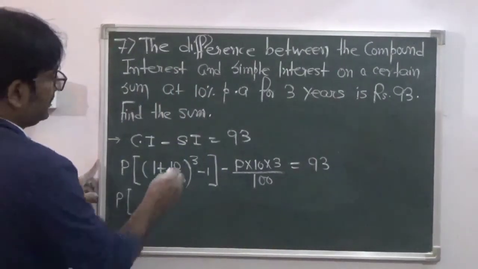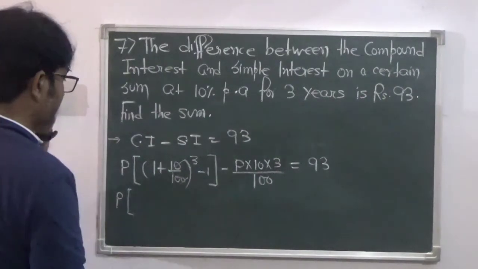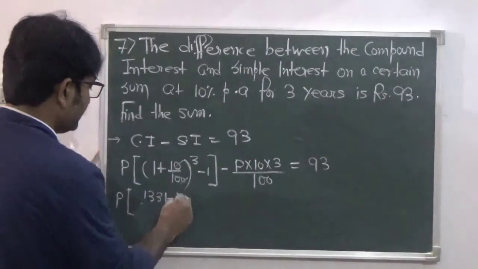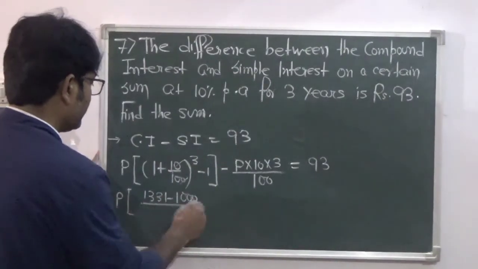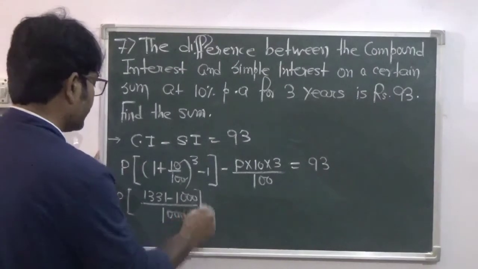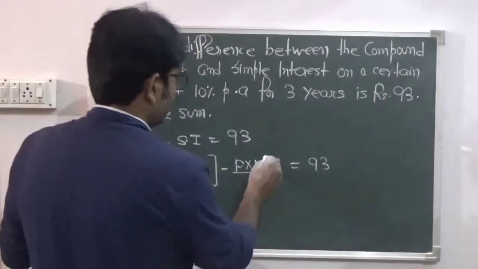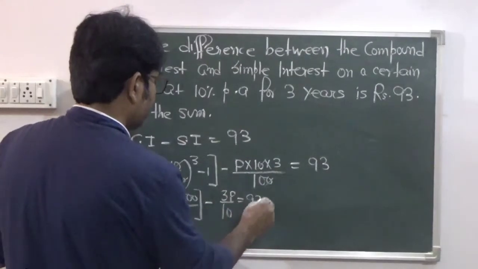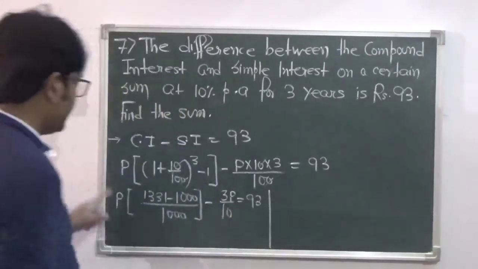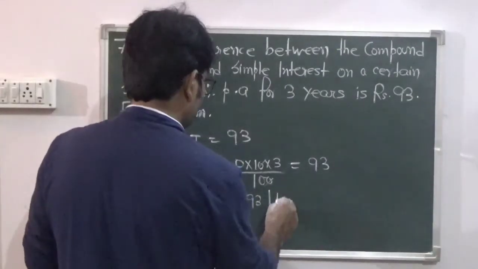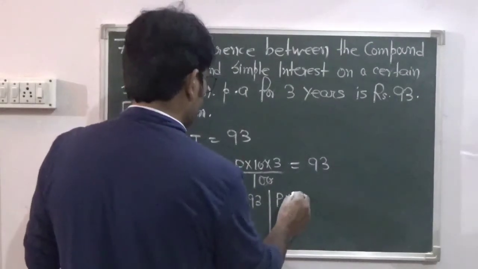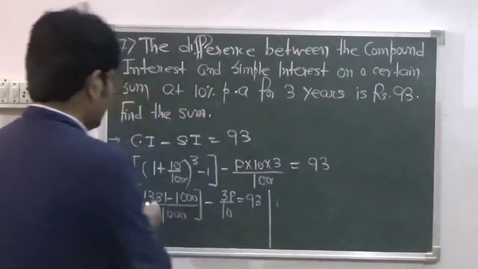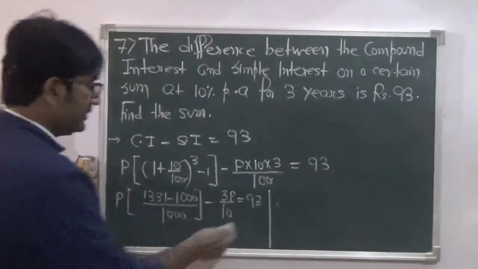P into 11 by 10 cubed, that is 1331 minus 1000 by 1000, minus 3P by 10 equals 93. So we have P into 331 by 1000, since 1331 minus 1000 is 331.